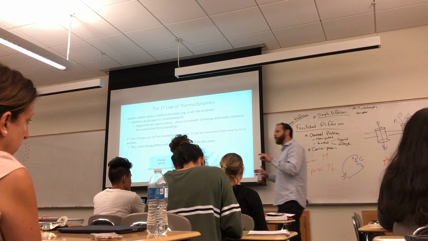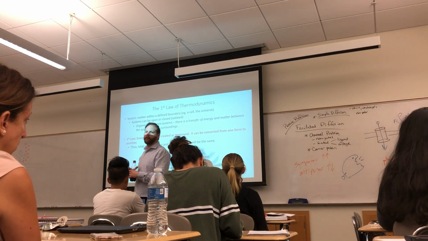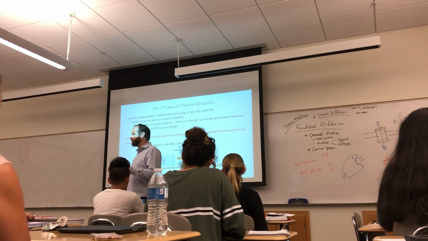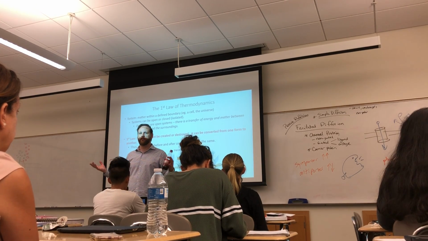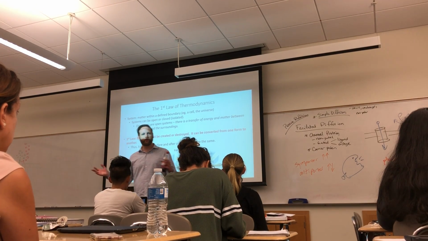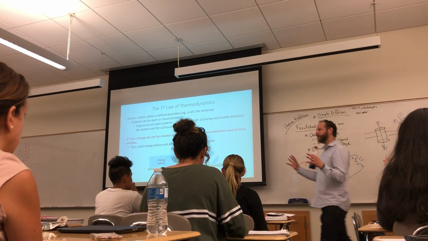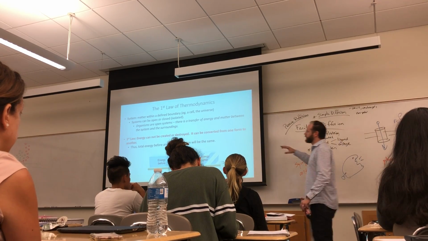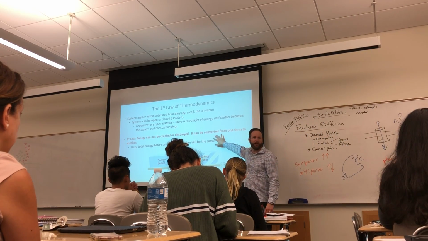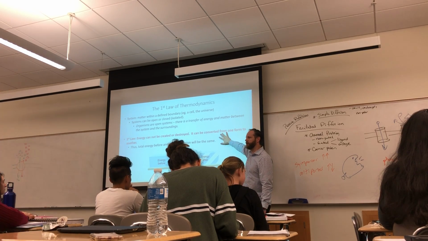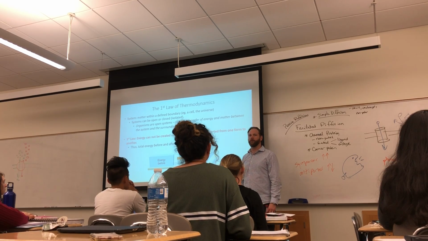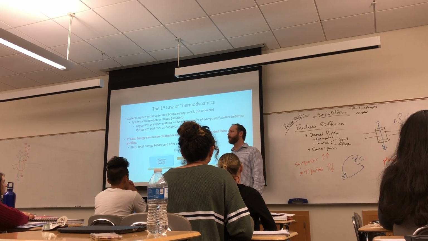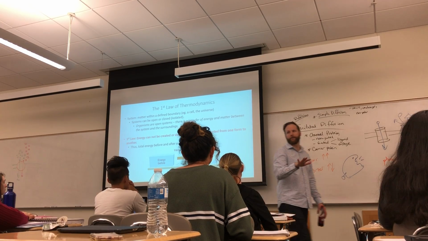Sometimes I use anthropomorphic language a lot, which means I'm giving human attributes to things that aren't human at all. So I'll say the enzyme wants to do this, or I'm going to kill an enzyme. Those are analogies. They're not really true things. So be really careful when you're talking about energy. We cannot make or destroy energy. The only thing we can do is transform it from one form into another.